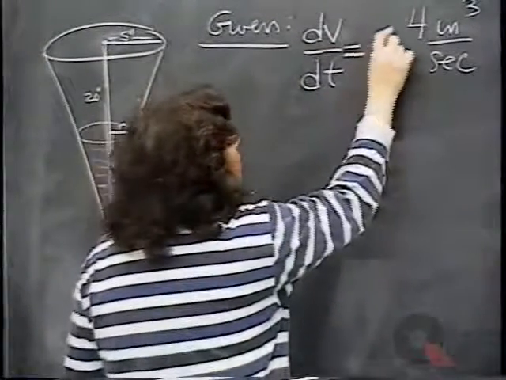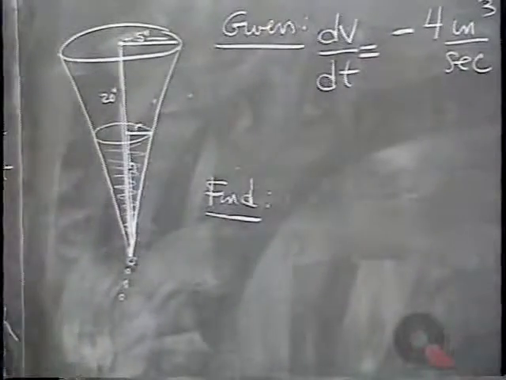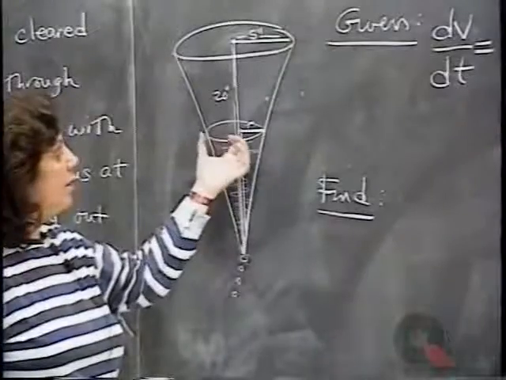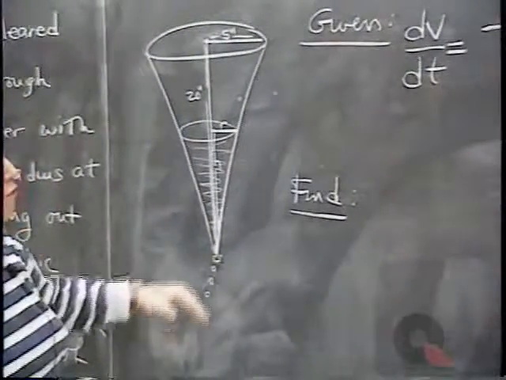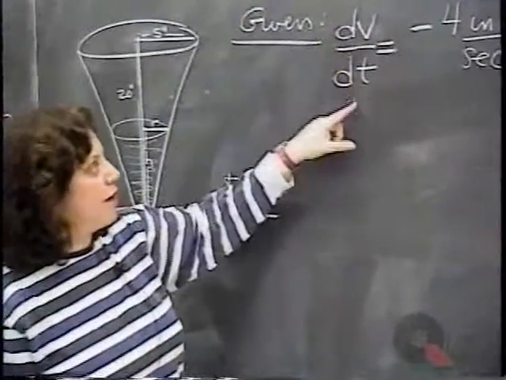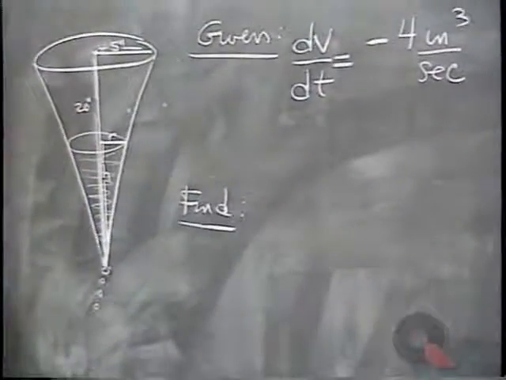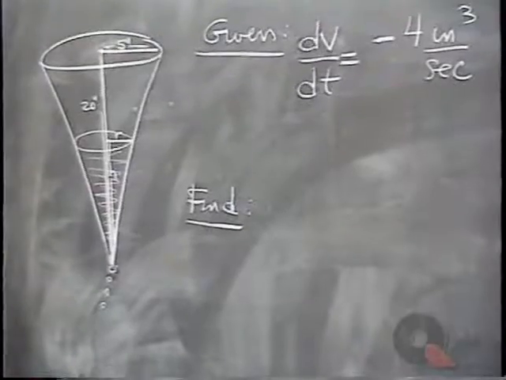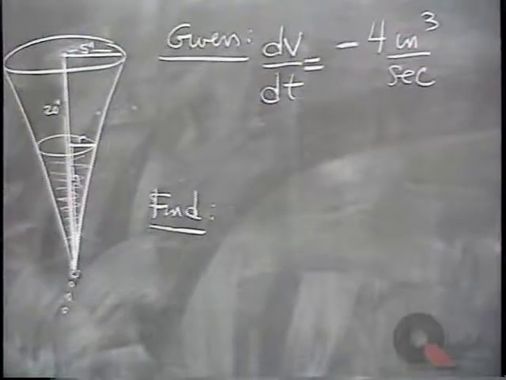However, it should be minus 4 cubic inches per second, because the volume of the liquid in the cone is decreasing at that rate. It's dripping out at 4 cubic inches per second. So dV/dt is minus 4 cubic inches per second, because V is decreasing.